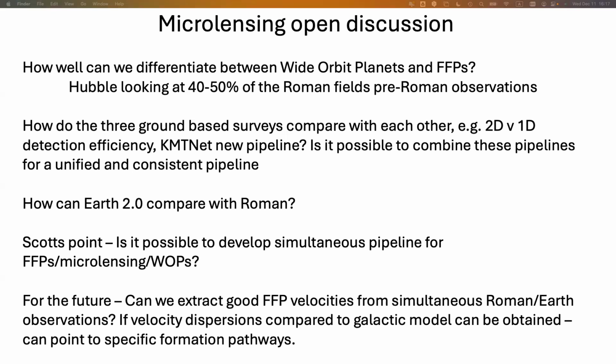So I'm a newcomer to the free floating planet scene. A question on the first point. I heard today estimates of about 20 free floating planets per star that has a Jupiter planet, or is that a rough estimate? So what's the probability that a free floating planet would encounter another star, like a flyby?